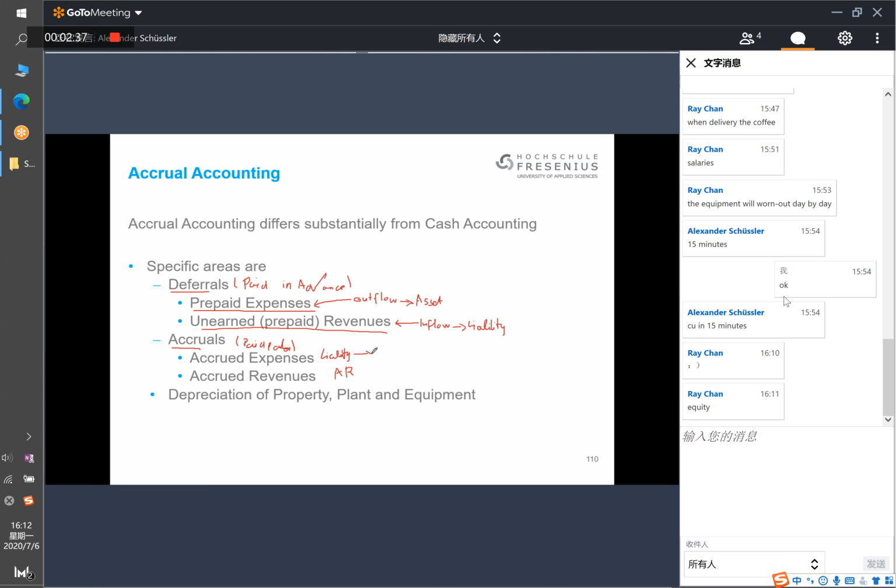This results in an outflow later, yeah, because the salary eventually has to be paid. Accrued revenues, here we're talking about accounts receivable, for example, and these are assets. And they result in an inflow.